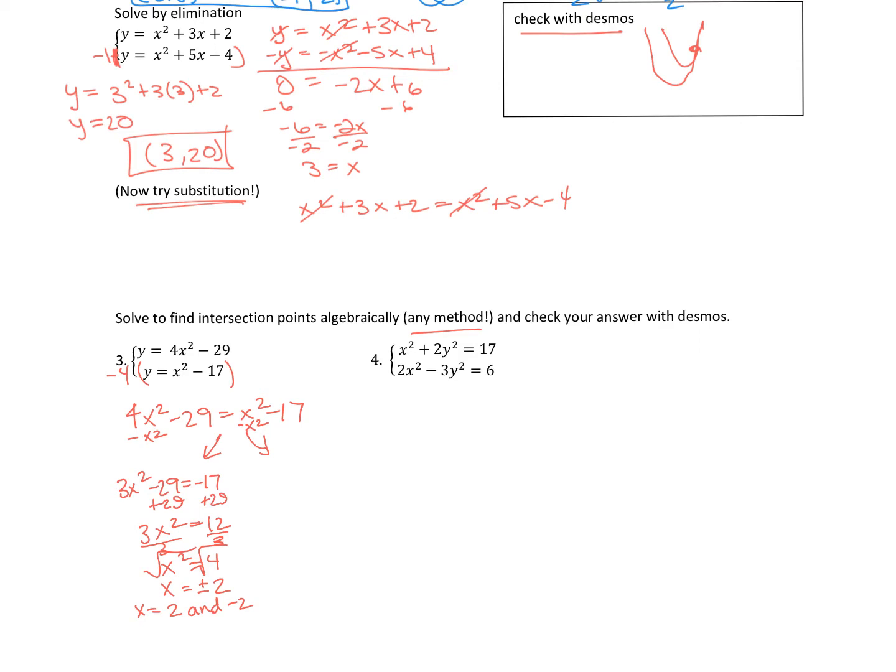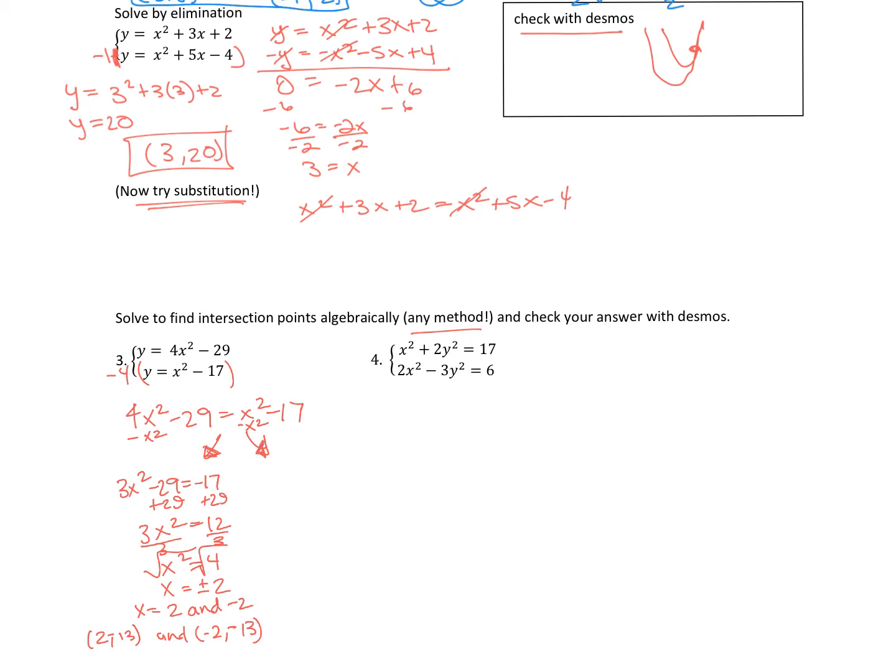When you do that, you're going to find that you get 13. So this would tell me that (2, 13), and also when I substitute in a -2, I also get, I'm sorry, it's a -13 that you get. You also get -13. Those are the two places that these two parabolas intersect. Now I want to talk about a second way to solve this one.